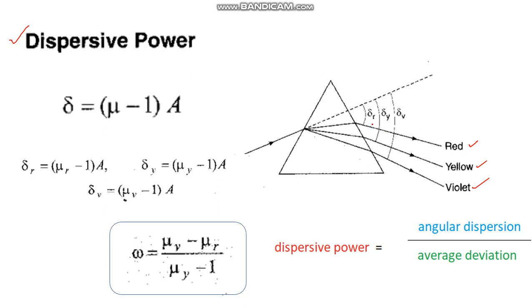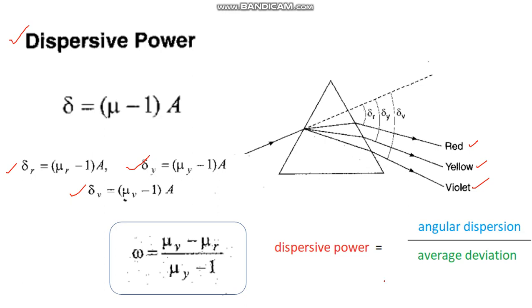So delta R is the deviation of the red light, delta V is for the violet light, and yellow is somewhere in the middle, it is delta Y. Assuming the angles are very small, we can write individual equations for delta R, delta Y, and delta V. It was mu minus 1 into A. In the case of red, we need to write mu R. In the case of yellow, mu Y. In the case of violet, mu violet.